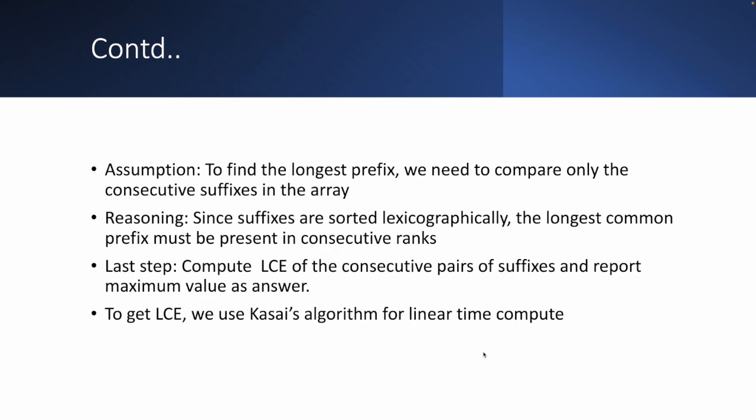So basically, since the consecutive suffixes in the array are sorted, they will generally have the same common values in them, and it will be one or two ahead or behind. So it will be very easy to just find the repeating ones if we just check the consecutive ones of each suffix. So the last step would be to compute the LCE of consecutive pairs of suffixes and report the maximum value as the answer.